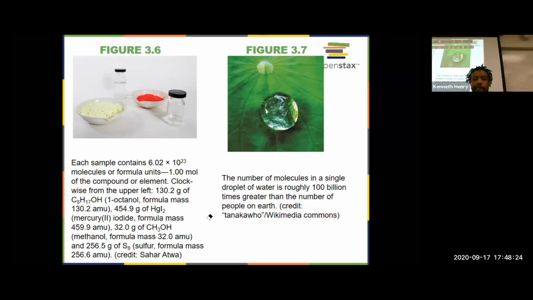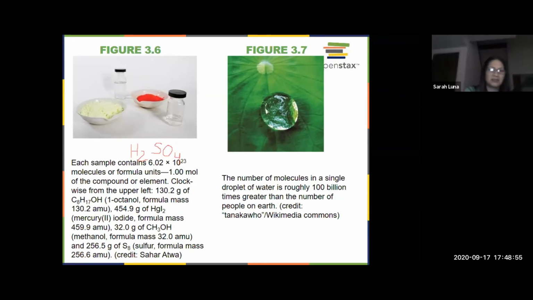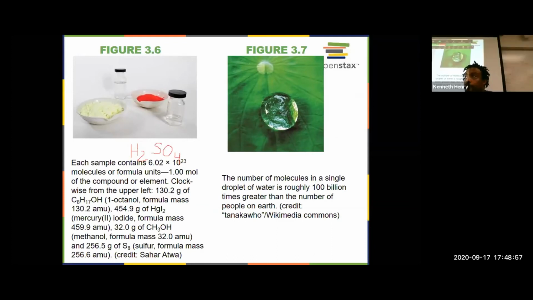So let's do this. Let's calculate the molar mass of sulfuric acid. How would I calculate the molar mass of this? Two hydrogens, so it'd be 2 times 1, which is 2.